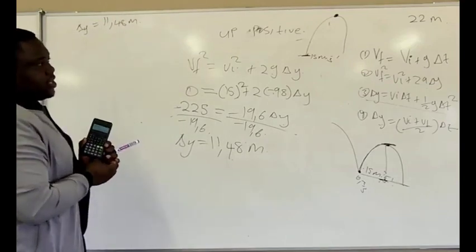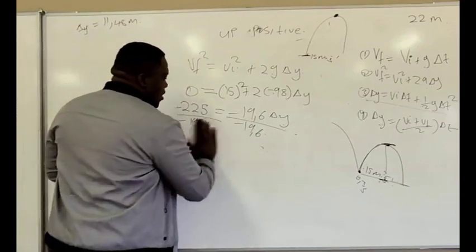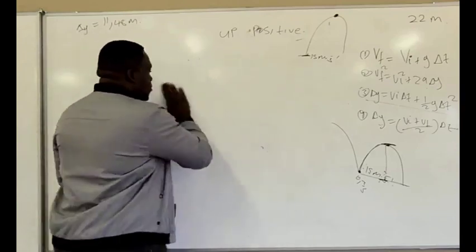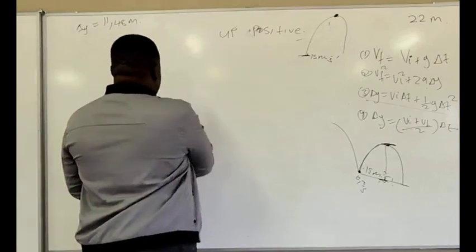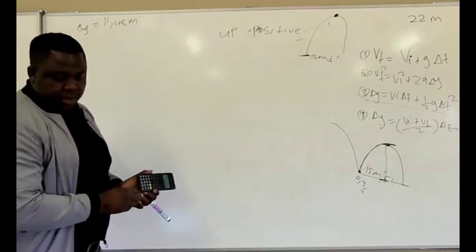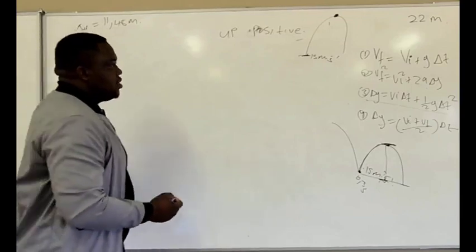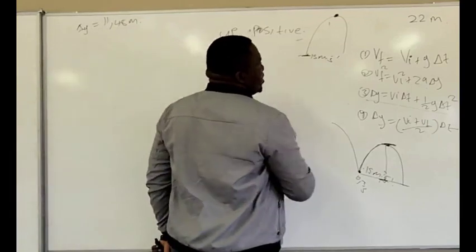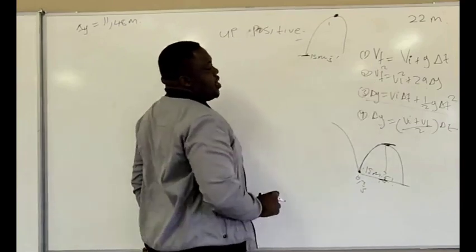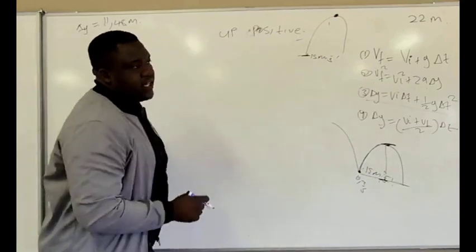Then let me use another method and confirm if what we did is correct. That will also be trying to expose you to another method of doing these things. I can just start by calculating the time, then I use this formula which requires the time and see if I do not get the answer.